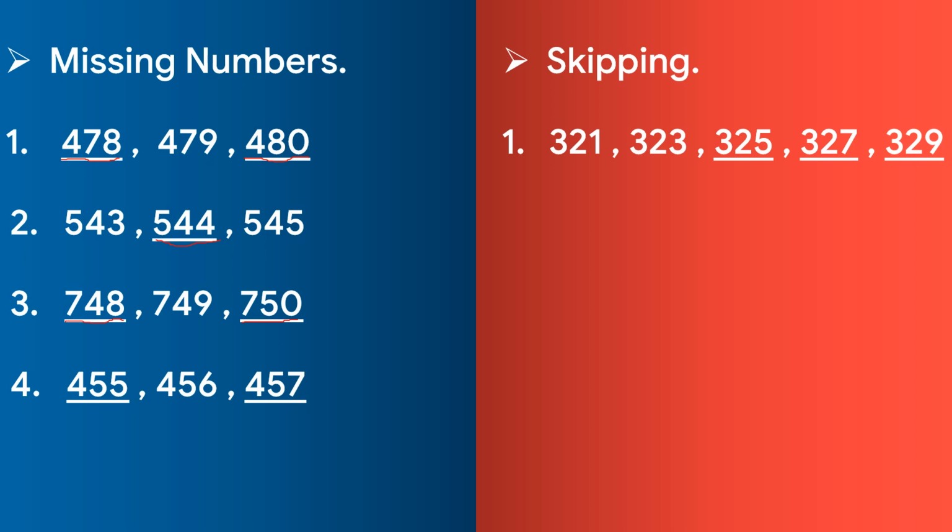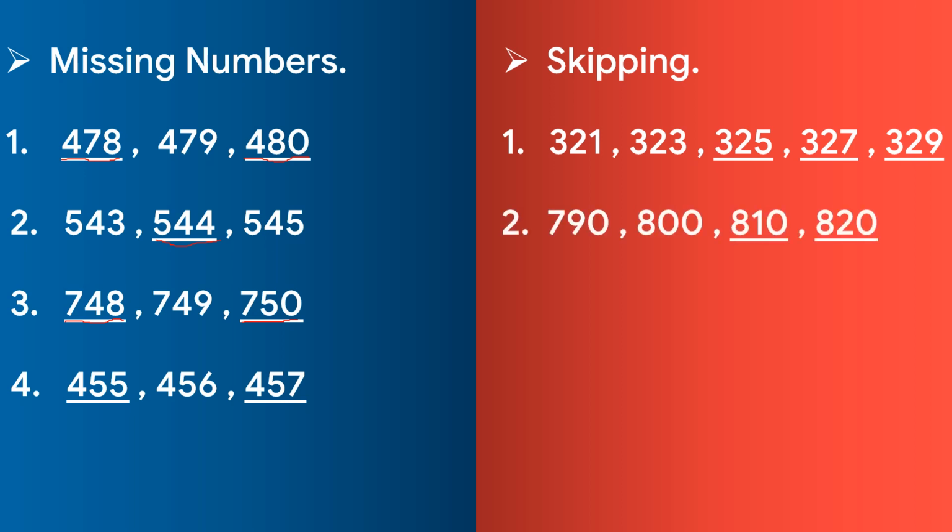After deciding that, you have to see how many digits they skip: 2, 5, 10, 50 or 100. Again in this question, the blank is considered as the answer.